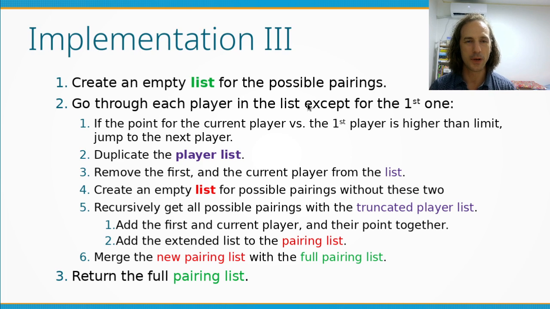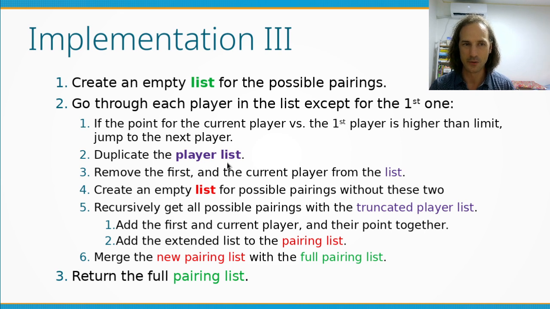We will go through each player in the list except for the first one, because we are going to find a partner for the first player, and if the point for the current player versus the first player is higher than the limit, we will just jump to the next player. We will ignore that. But if it's not higher than the limit, then we will create a duplicated player list.